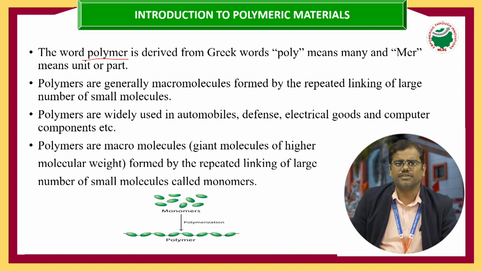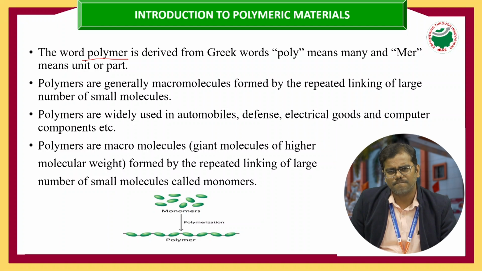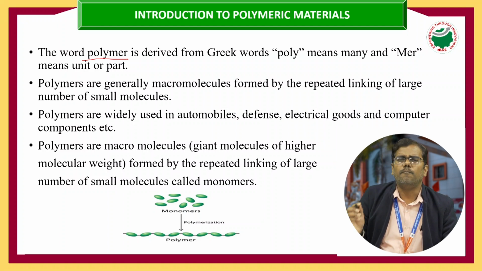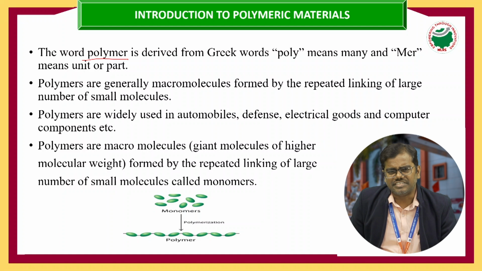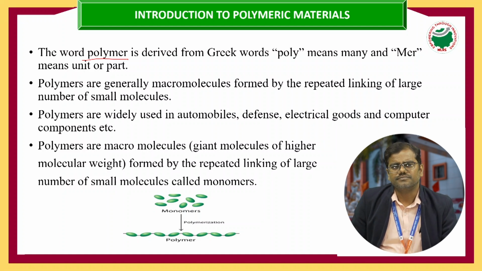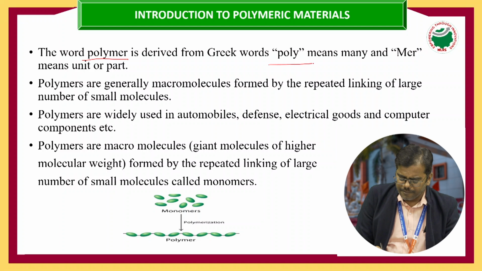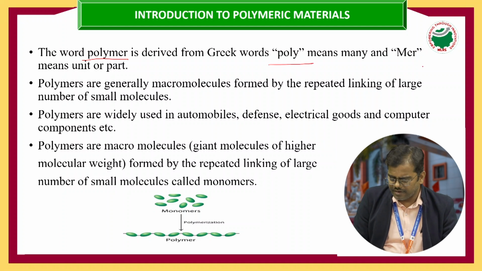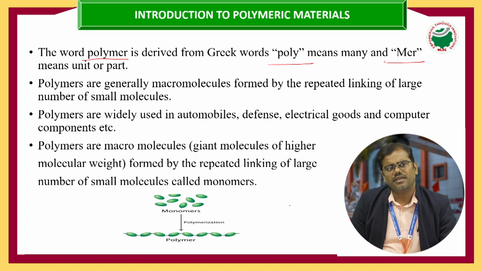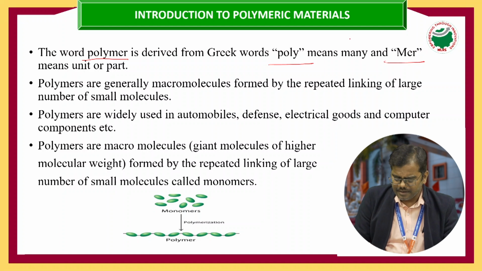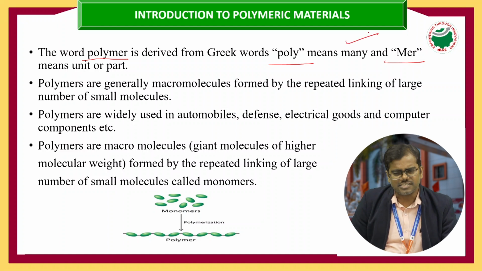Behind the concept of the formation of polymers, first of all, the word polymer is derived from two Greek words. One is poly and the other is mer. Poly means many and mers means units or parts.